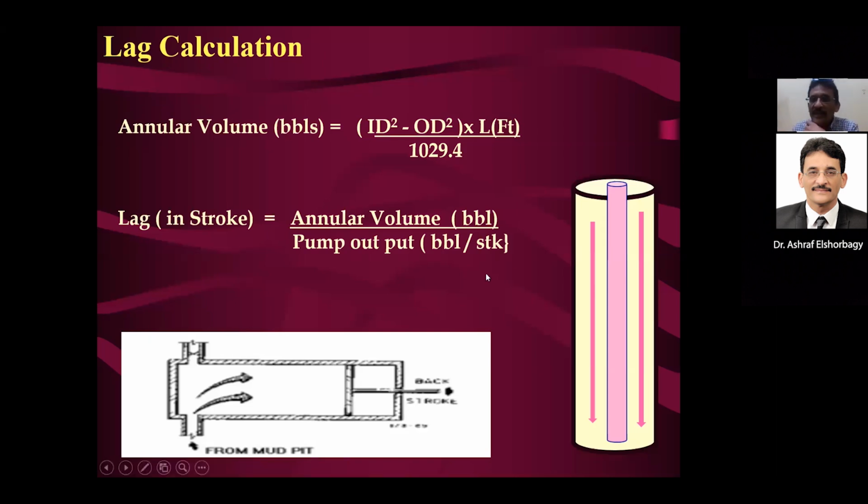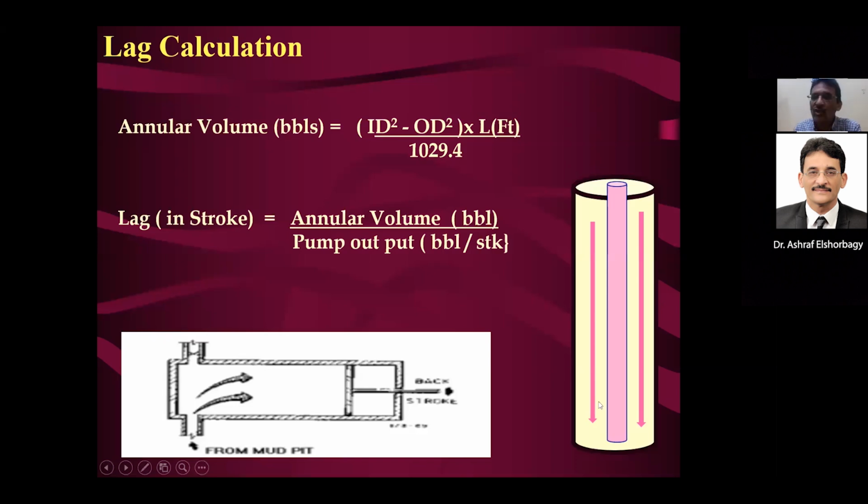Say 0.8 barrel per stroke. And so I take the annular volume divided by the pump output, and it gives me the lag in strokes. I calculate how many strokes we need to move this cutting from the bottom to the surface.